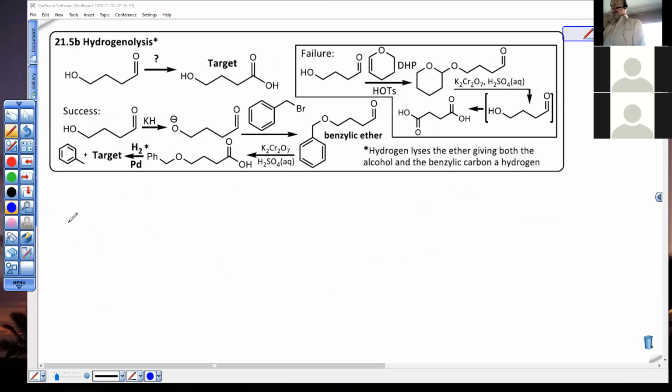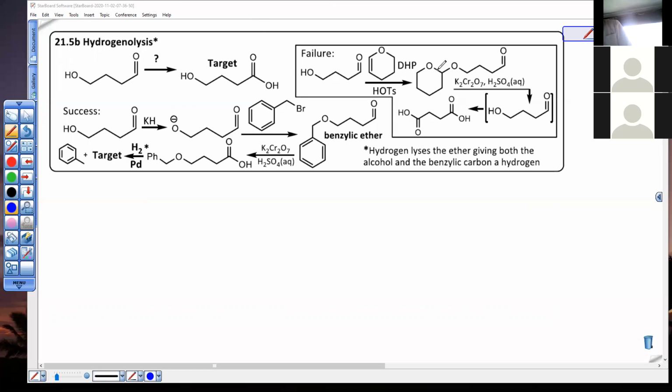So what's going to happen here? We want to oxidize an aldehyde without oxidizing an alcohol. We could use our old friend DHP to protect the alcohol, but then you got trouble. Do you know why you have trouble? Here's the protection step.